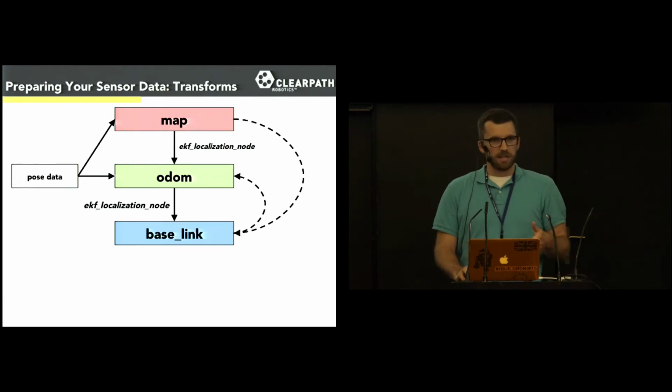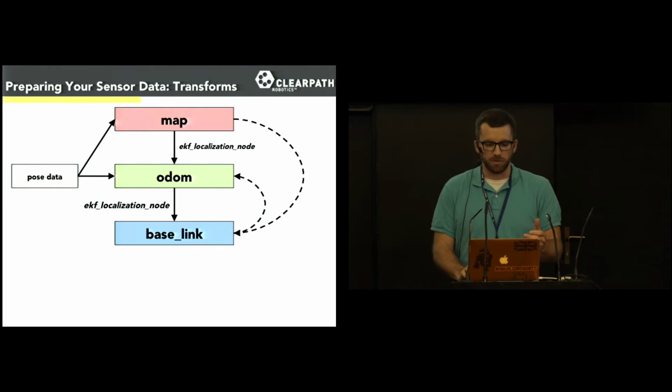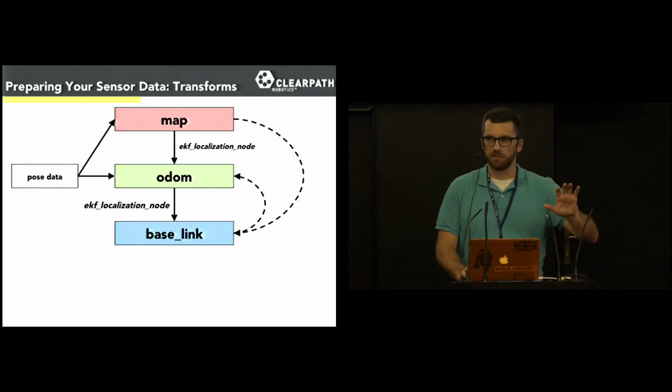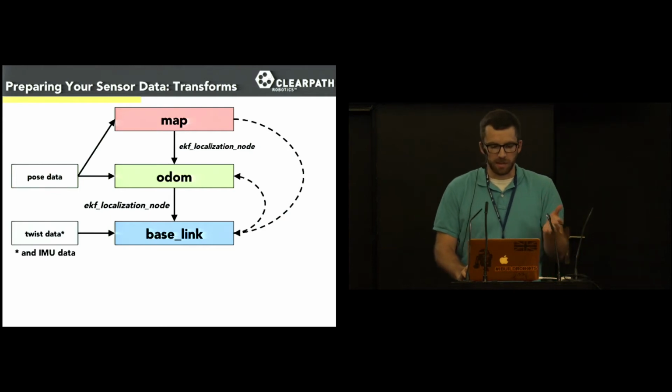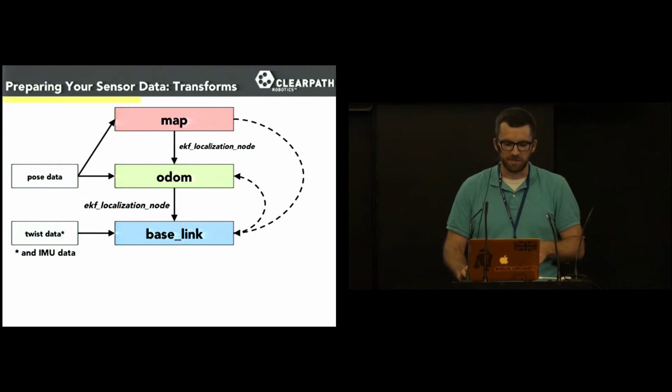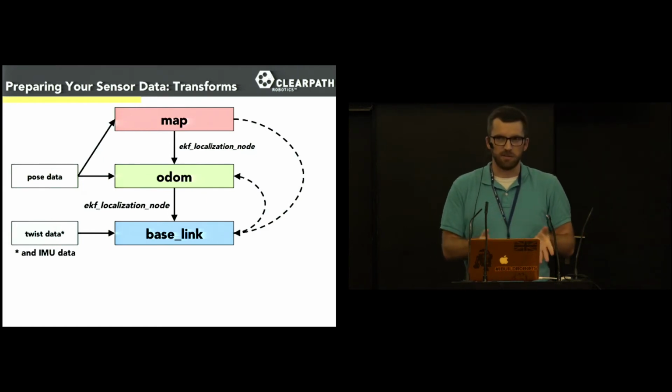All pose data that you take in, so the stuff that comes in from the pose message or the odometry message, is going to be transformed from whatever frame ID is in the message to the world frame ID. Twist data, likewise, is going to go into base_link. The only exception there is IMU data. IMU data obviously contains orientation in it.